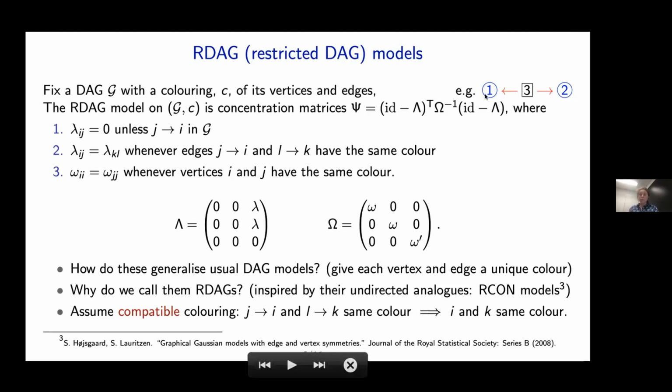So for example, compatibility holds here because the edges have the same color, so 1 and 2, the vertices, must have the same color, which they do. Okay, so before I've stated any results, an open problem is to extend the results that I will state to the setting where this compatibility condition on the coloring doesn't hold.